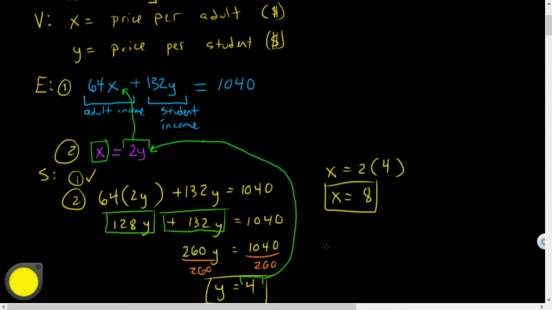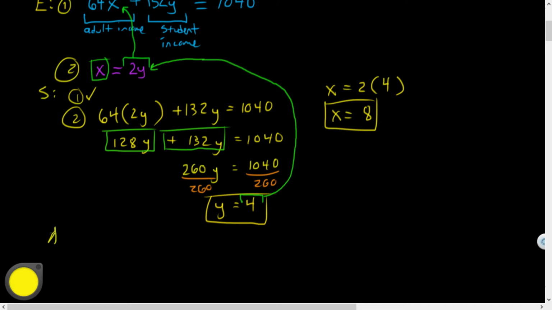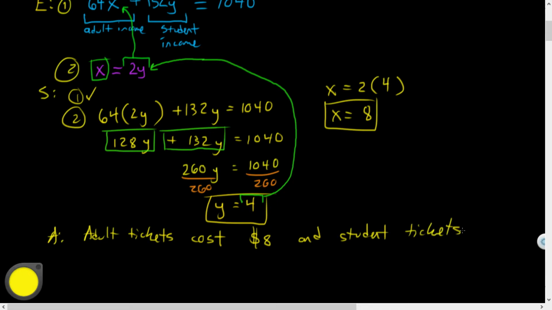All right, so let's write an answer. VESA, right? I defined variables, wrote my equations, I solved it. But when someone asks you a question, I hope you don't just say X equals 8, Y equals 4. You got to answer their question. They wanted to know the price of each ticket. So I'm going to say that adult tickets cost $8, and student tickets are $4.